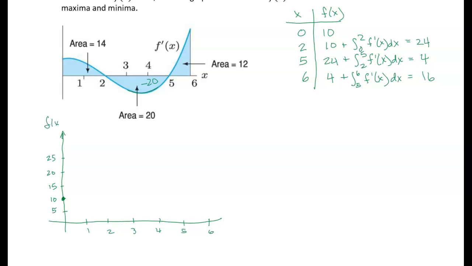So I'm graphing f of x. I had the graph of f prime of x, and I want to graph f of x. Now, at 2, the function value is 24, which is about there. And then at 5, we're at 4, so it's about there. And then at 6, we're at 16, so it's about there.